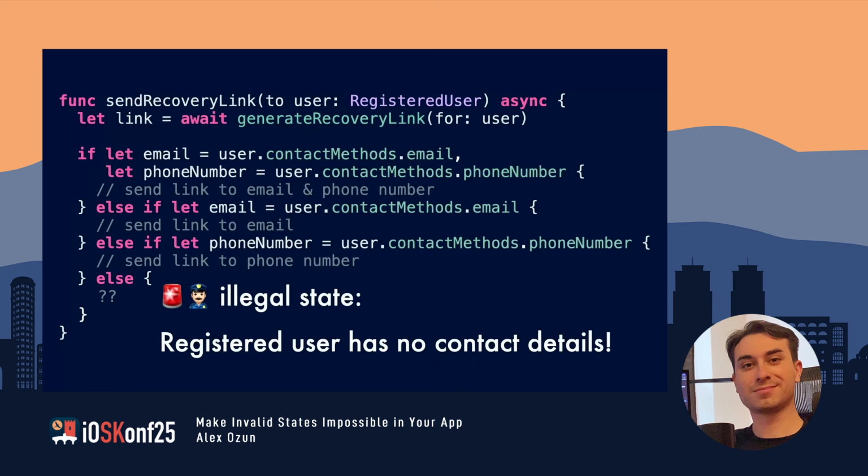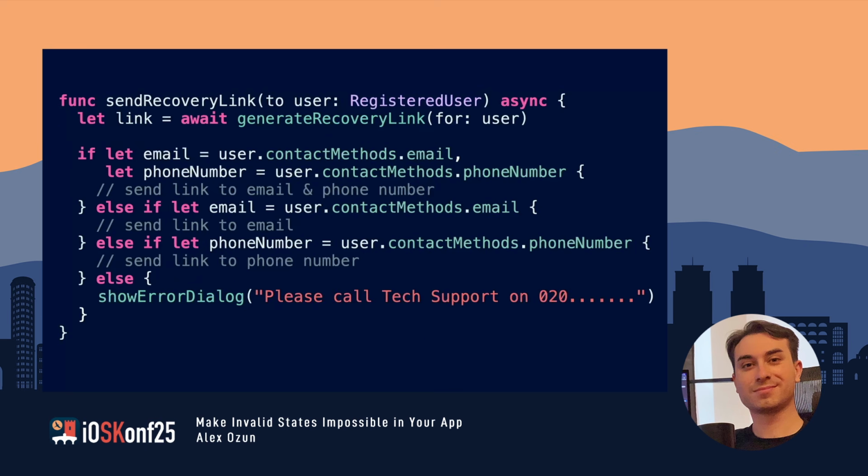Well, it represents an illegal state because it means that the registered user somehow doesn't have any contact details. This is a huge violation of the rules of how our app works. We can say that the user's record is corrupt, essentially. So what do we do in this case?